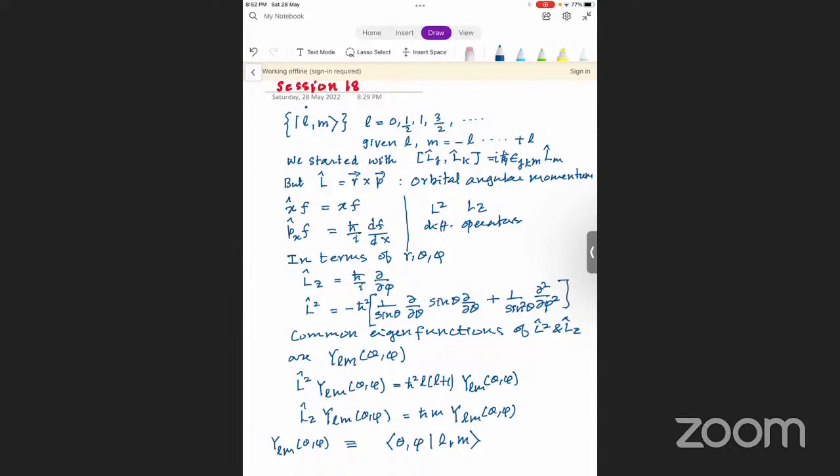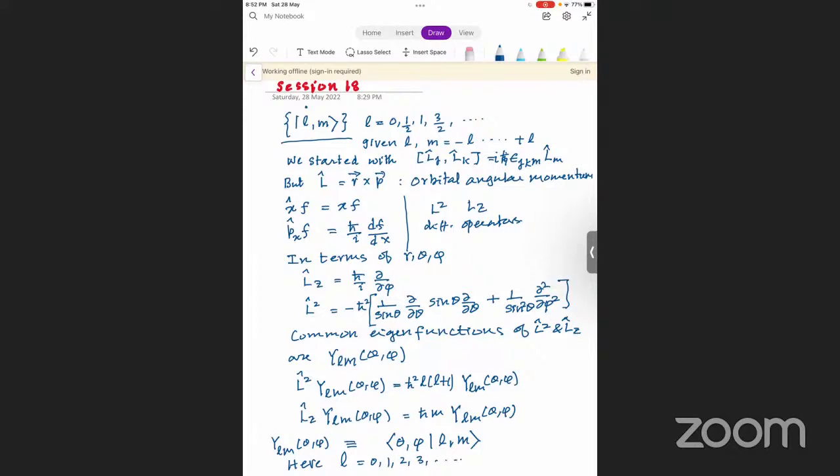So this result that we have seen in the last class and this are same, except that here your L is only 0, 1, 2, 3, etc.